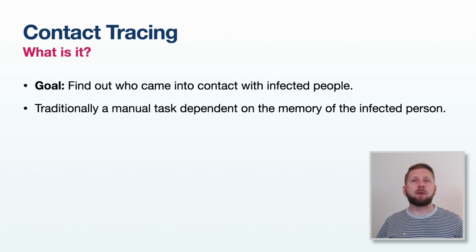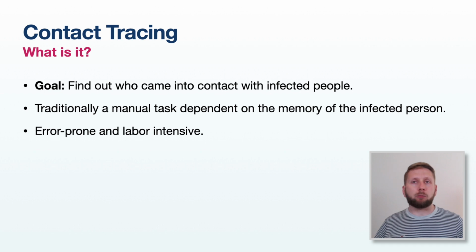This was just a manual task that was dependent on the infected person remembering who they came into contact with and then reaching out to those people to warn them that they were possibly also infected. Of course, this is quite error prone because it depends on the person remembering all the places he went to, and it's also quite labor intensive on the behalf of the health authorities doing this contact tracing.